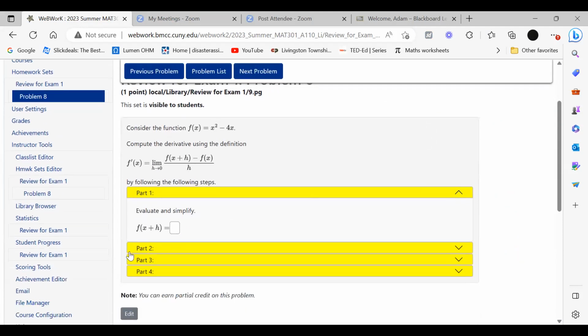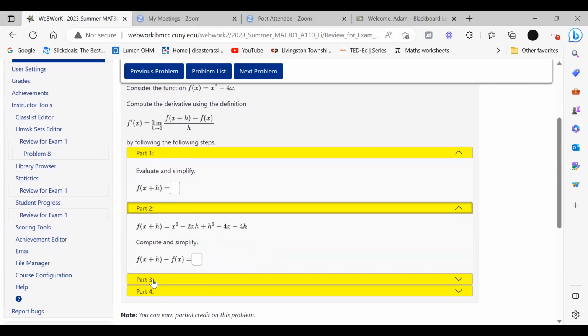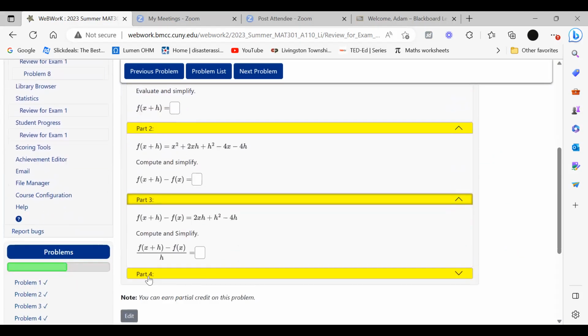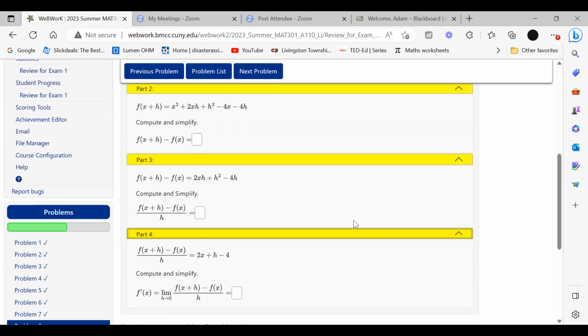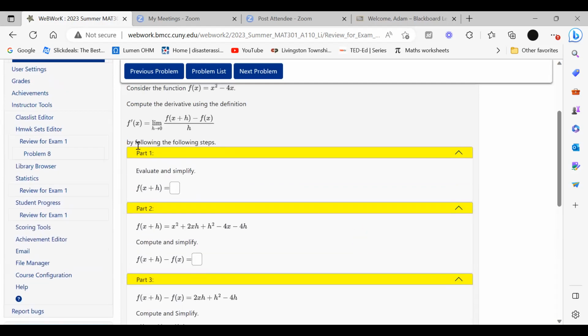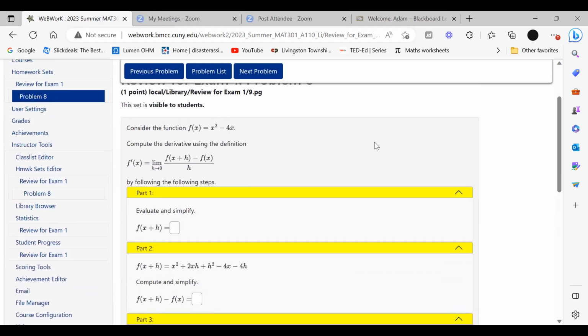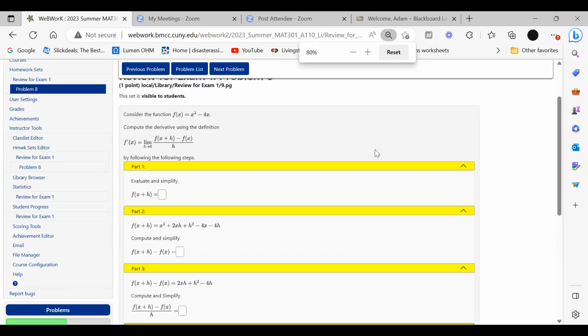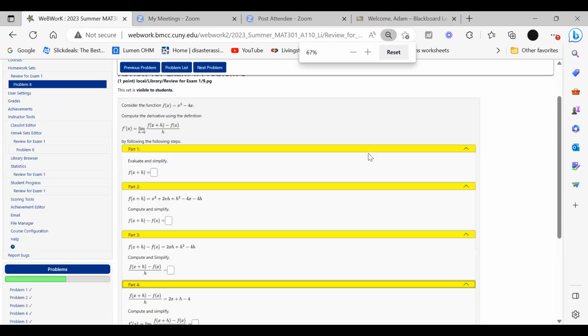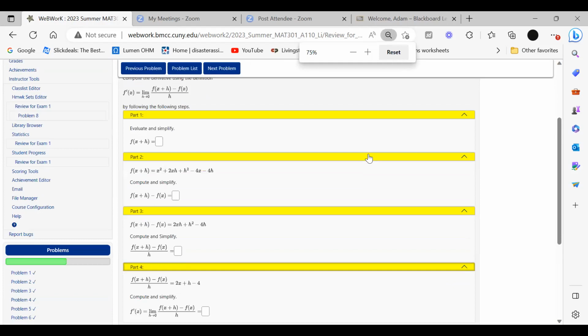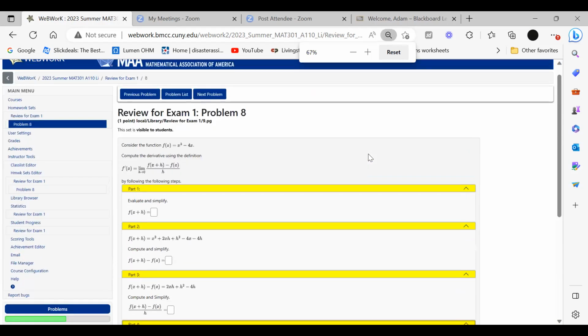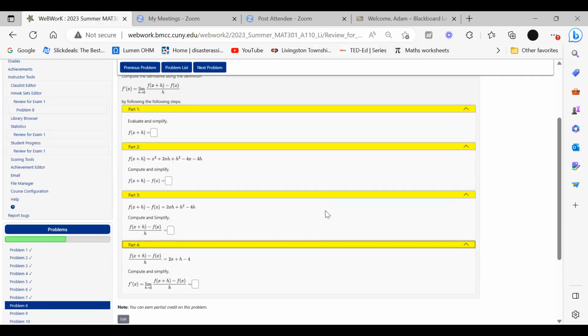Okay, so question 8. We are trying to use the limit definition of the derivative to find the derivative, but they want you to do it step by step. But that's also a good way to have something to follow. This is actually very good. They put in the scaffolding outline, so I think it's just good.